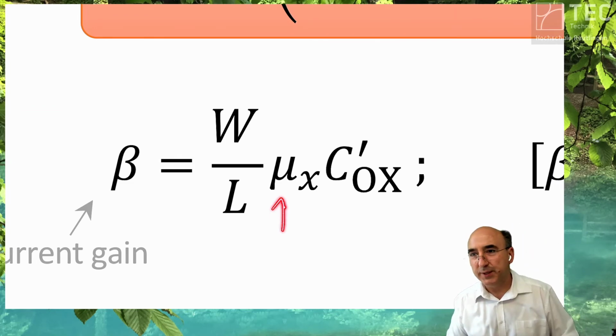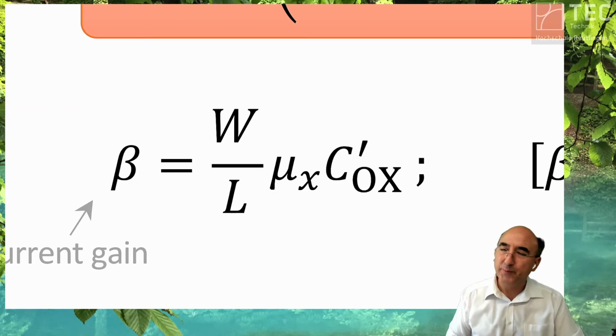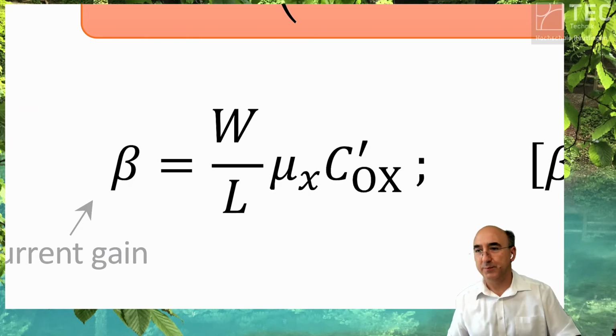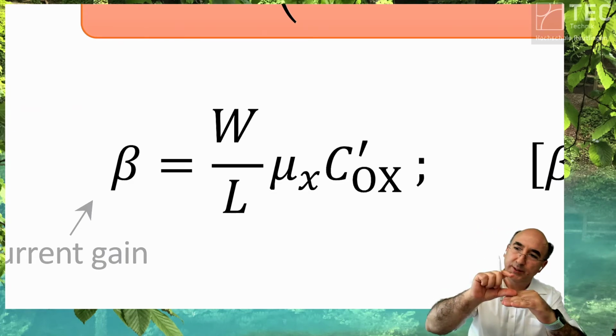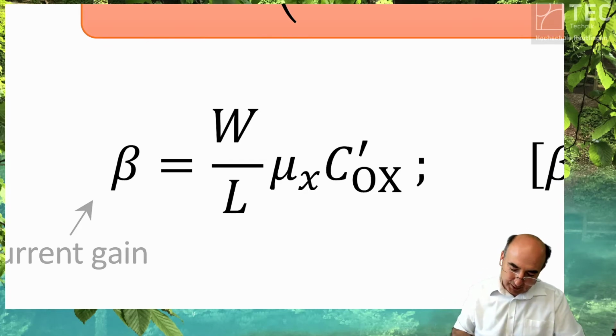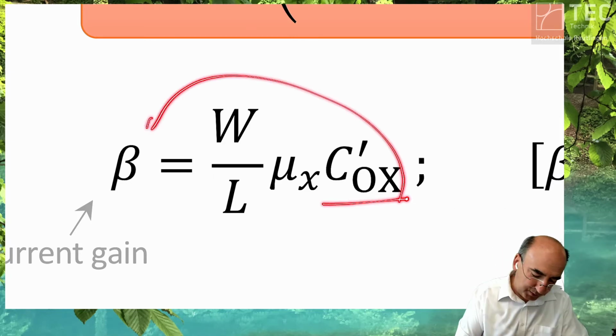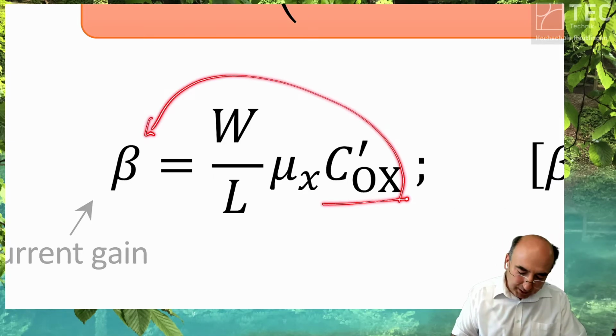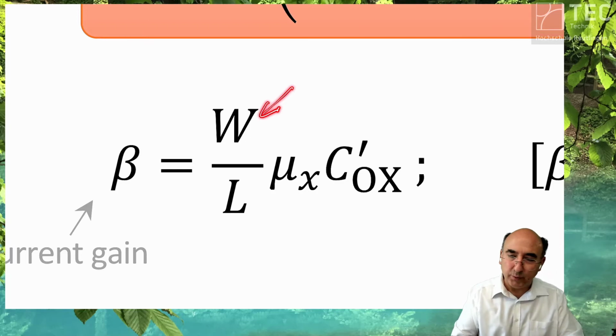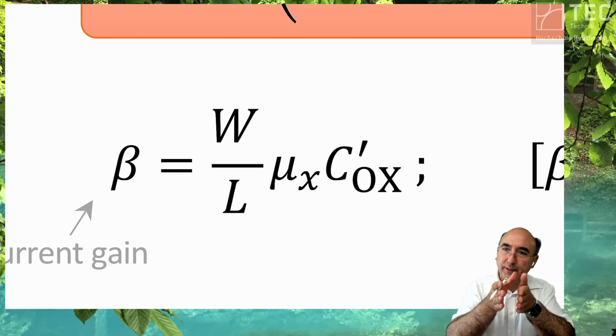How can you do this? You can make the surface smoother between the silicon and the oxide. Then you can also change the oxide thickness. Then you can change the beta. And you can increase the width and reduce the length.